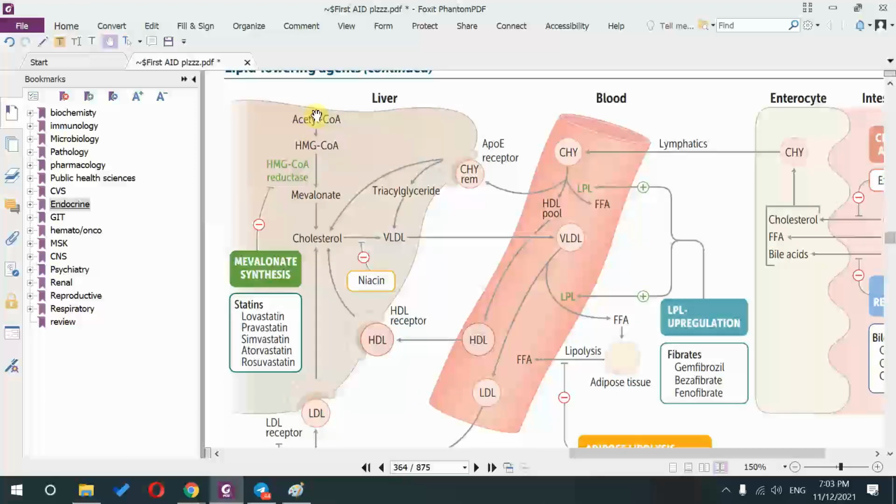So acetyl-CoA, we have HMG-CoA, and that creates mevalonate. So this enzyme is working here. Imagine this, guys. If you inhibit this one, you will have less cholesterol. Okay? So if you have less cholesterol, done.